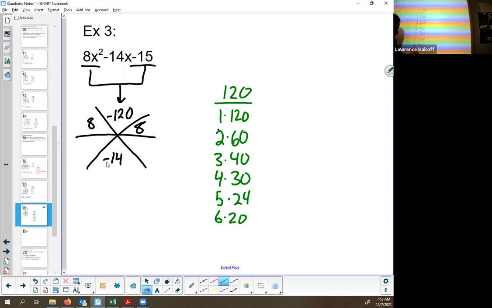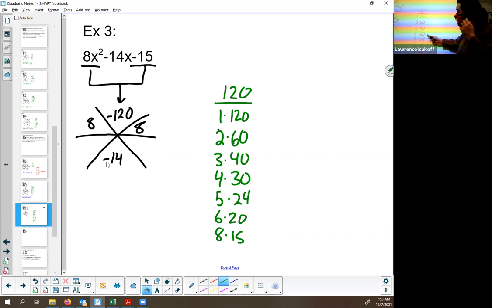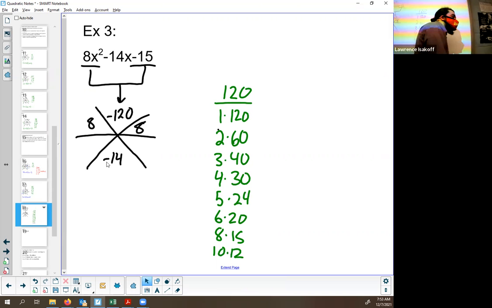That's what I did up there. Okay. Let's see. Looking at these, 9 does not go into any of these numbers, so I'm not going to stress about 9. But what about 10? 10 times what gives us 120? Oh my gosh, that was a lot to list out, right?